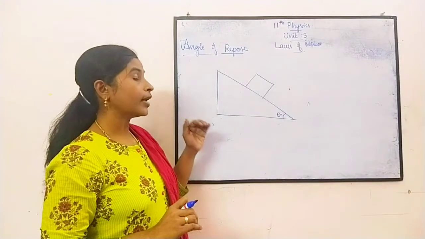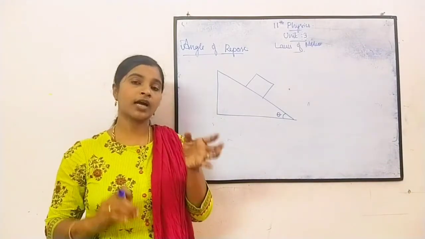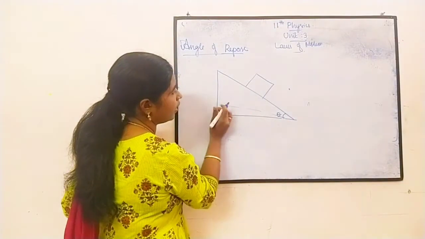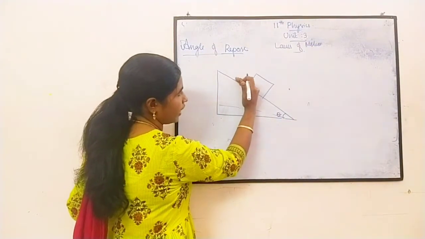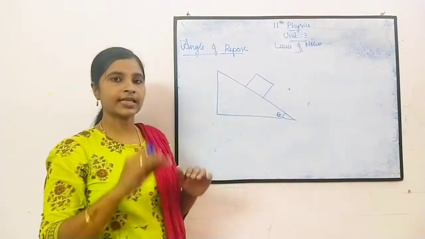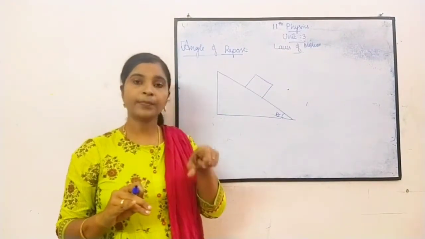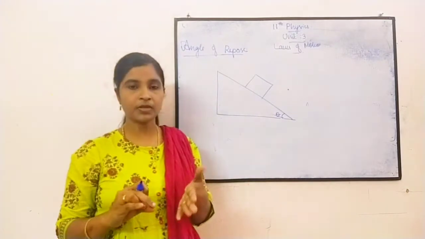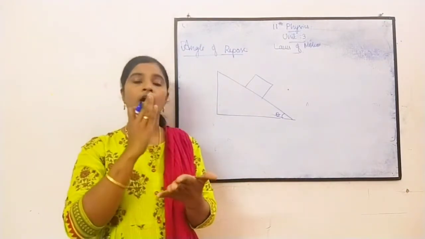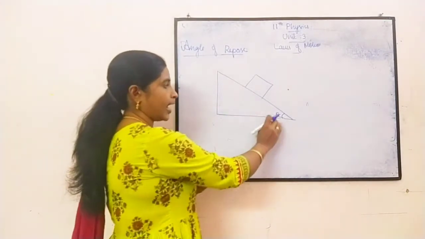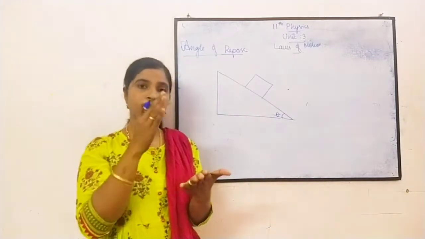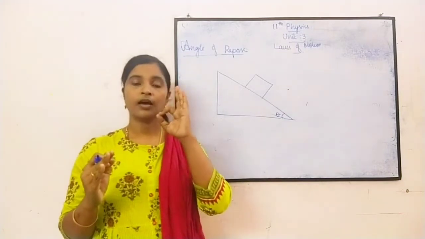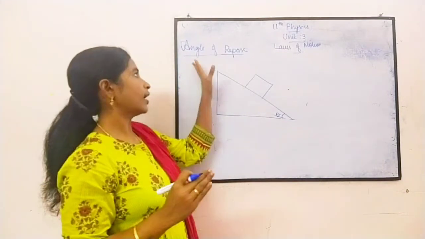As the angle is increased gradually, at a particular angle only the object will start to slide. That particular angle is called the angle of repose.